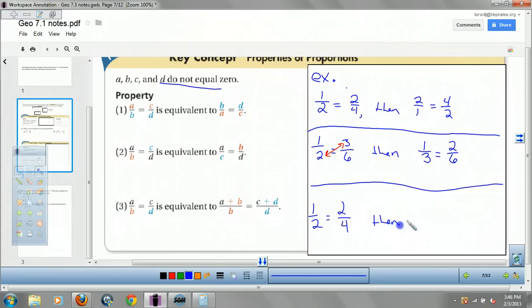Then 1 plus 2 over 2 equals 2 plus 4 over 4. See how you add your denominator to both sides? And here you get 3 over 2, you get 6 over 4. They're both 3/2. Okay? Okay, we're almost done.